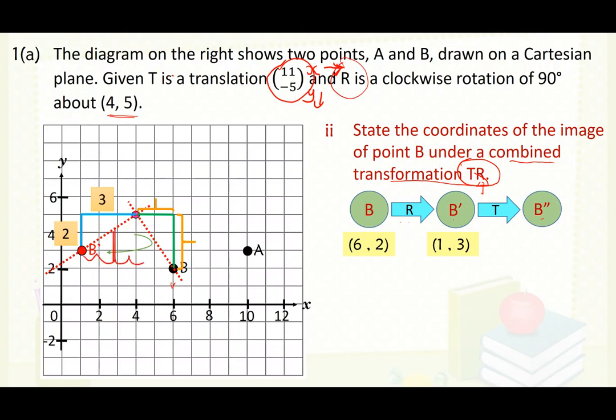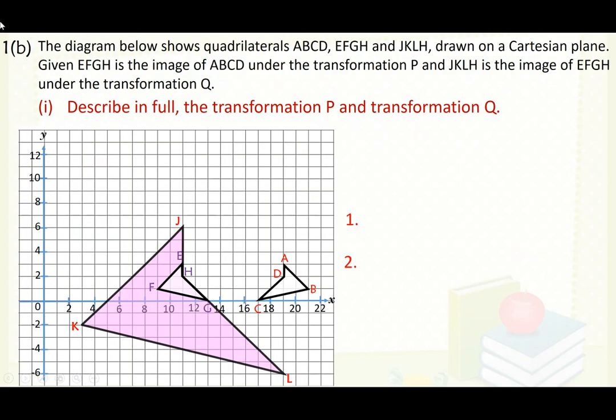You count until 11 grid. So this is positive 11. Negative 5, that means going down. Negative 代表是去下面的5次。So your B prime prime is 12, negative 2.